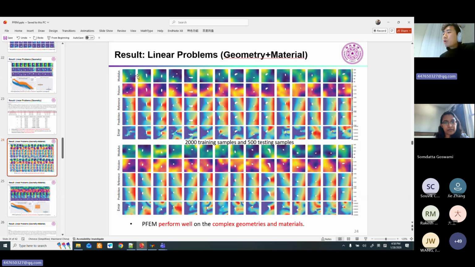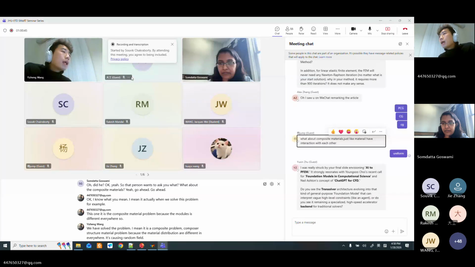We have solved the problem. It is a composite structure, composite material problem, because the material distribution is different everywhere. It's a Gaussian random field.